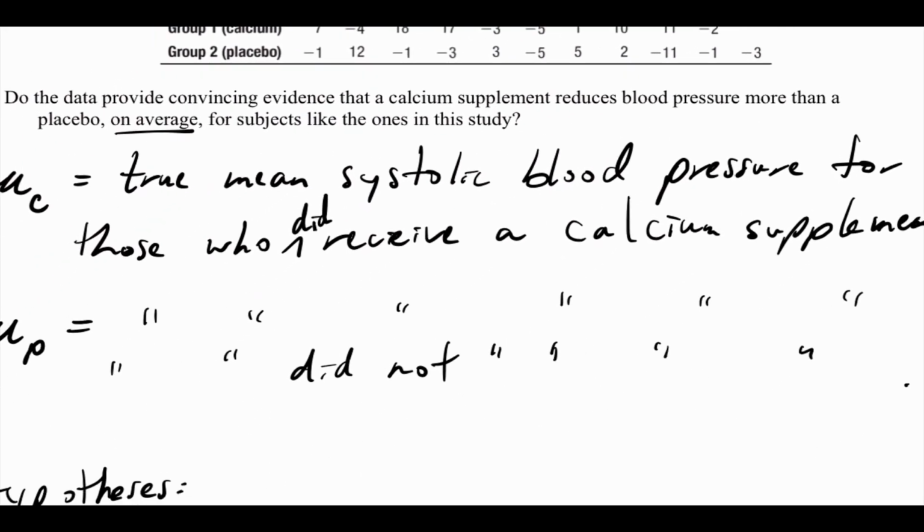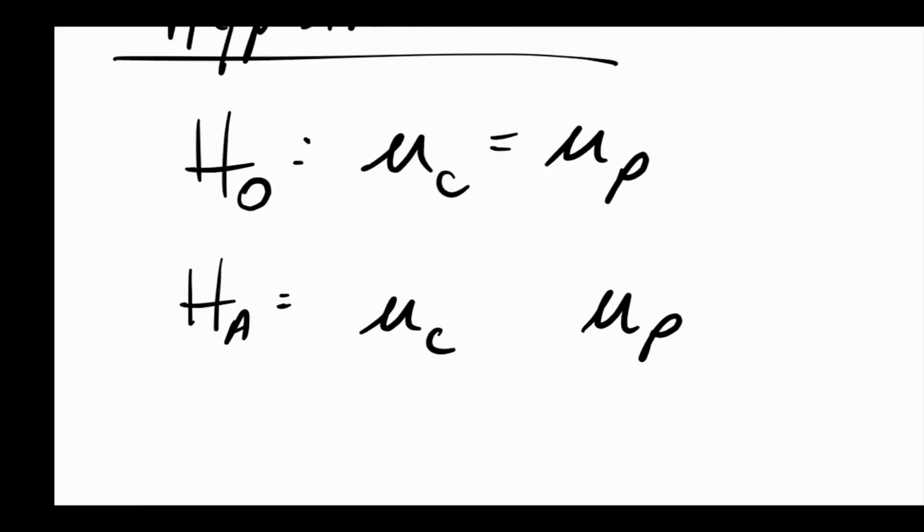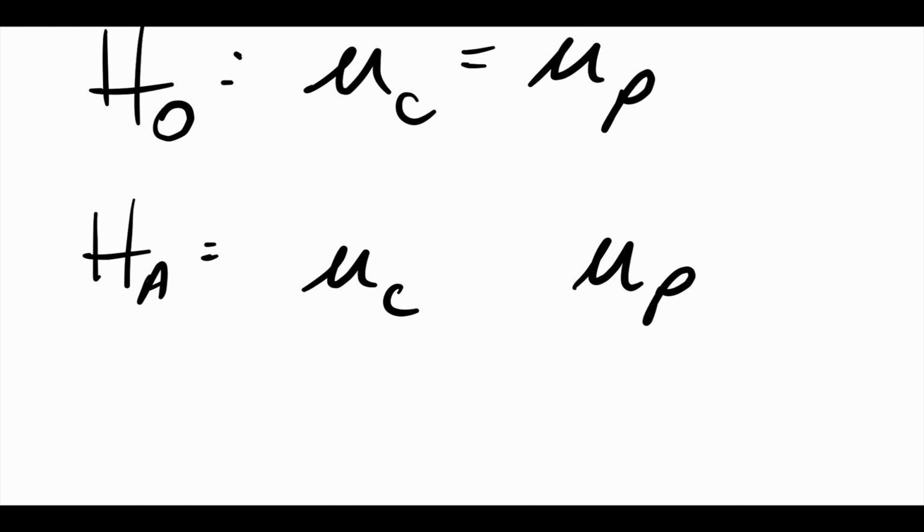So let's see. In the question, which way do they want us to test? They said, is there evidence that calcium reduces blood pressure? If calcium reduces blood pressure, which one should be bigger, P or C?